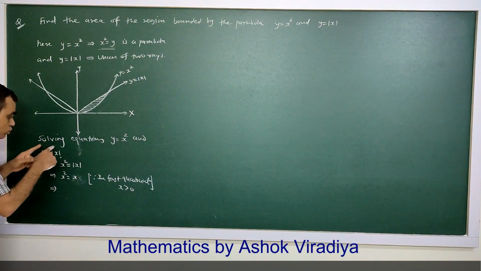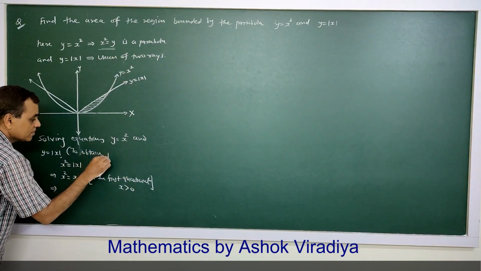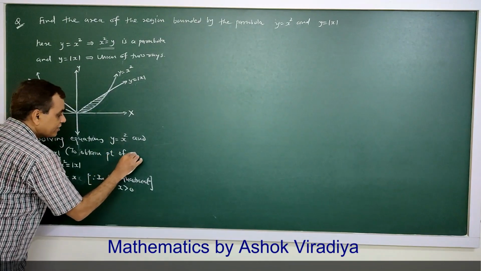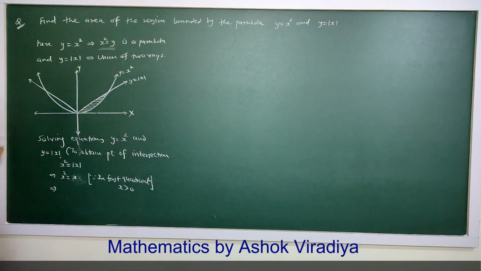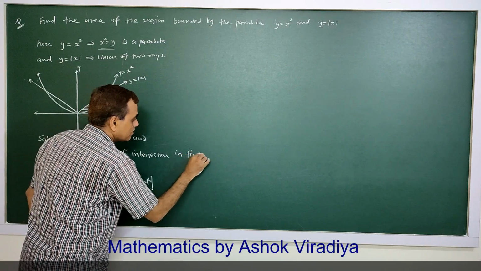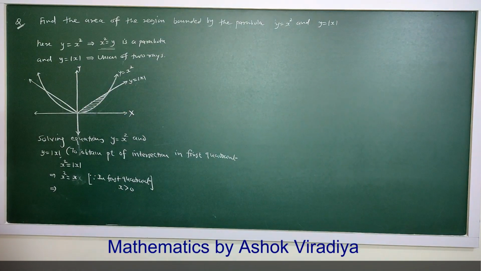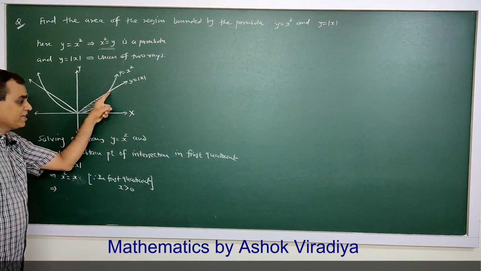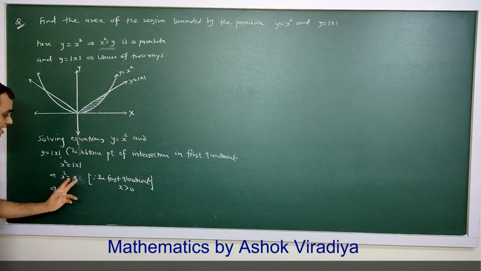We are solving these two equations to obtain the point of intersection in the first quadrant, and in the first quadrant x is positive, so modulus x is x.